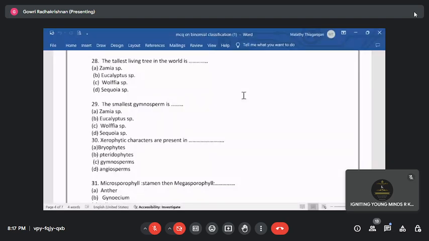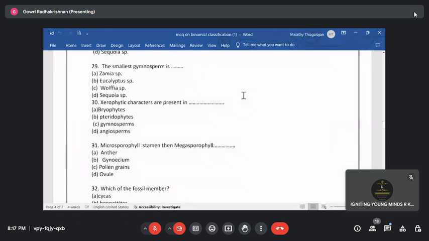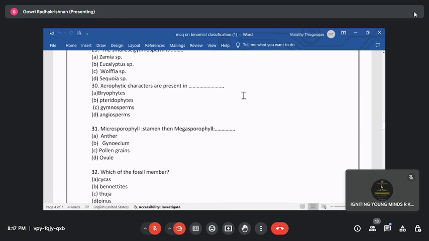And the smallest gymnosperm is? Wolffia, ma'am. Zamia. First, option A. Okay. Xerophytic characters are present in? Bryophyte. Gymnosperms. Yes, gymnosperms. Can you tell me what are xerophytic characters?